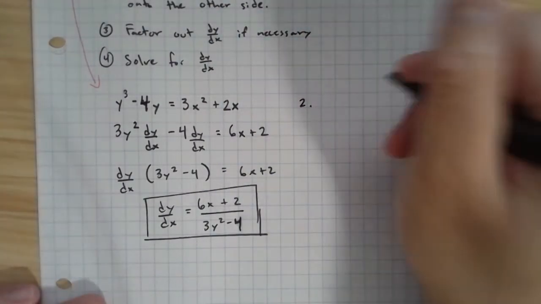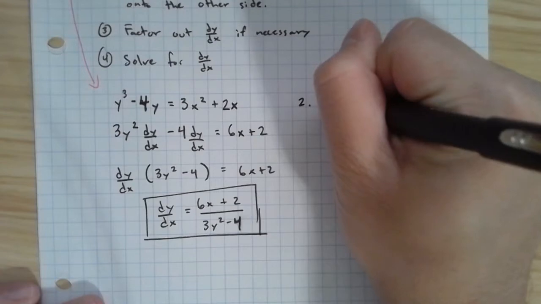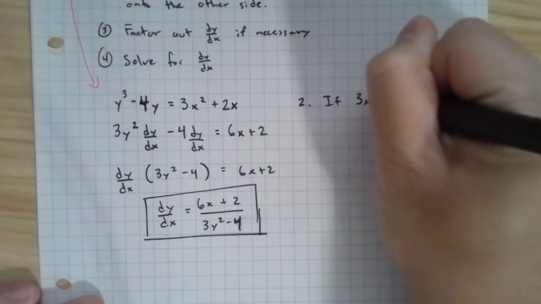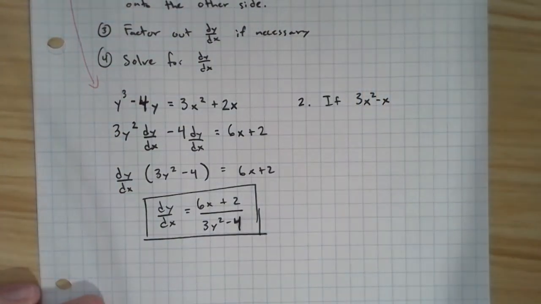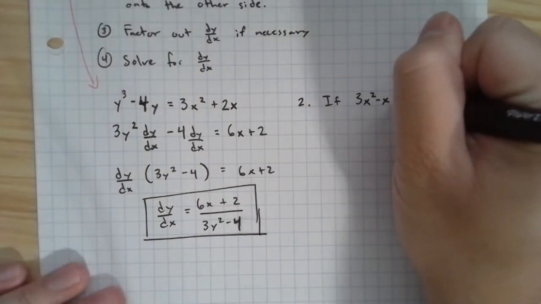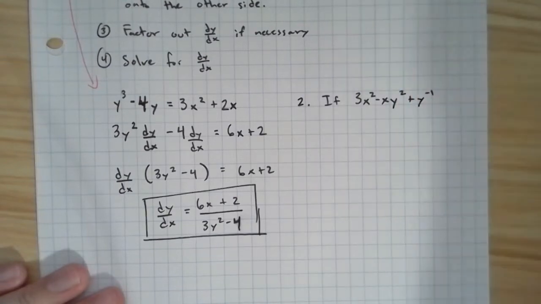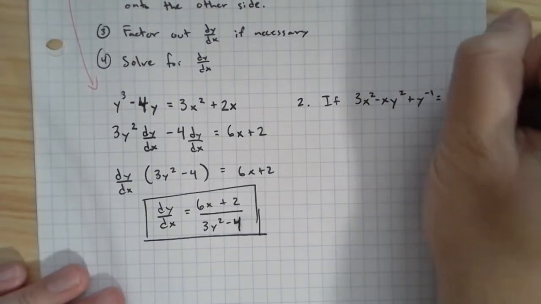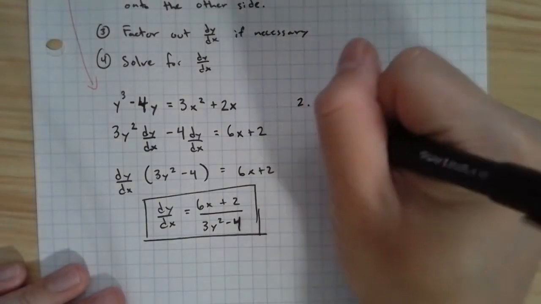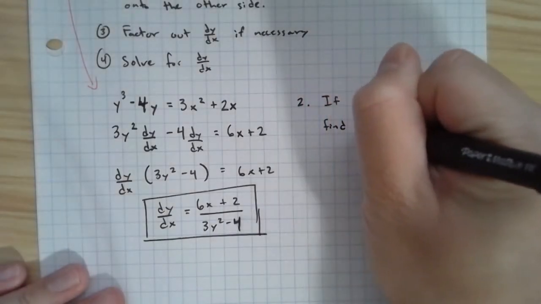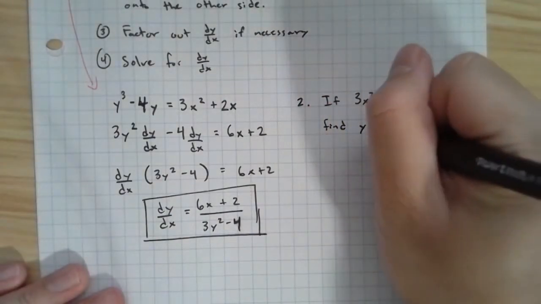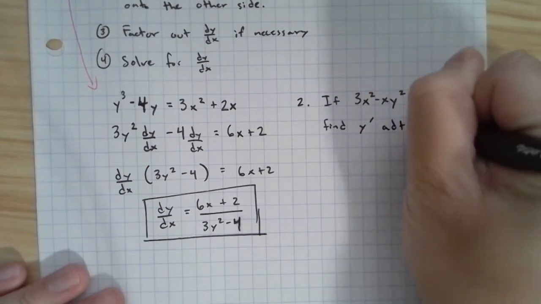Here's example 2. If 3x squared minus x y squared plus y to the negative 1 is equal to 1, find y prime at 1 comma 1.